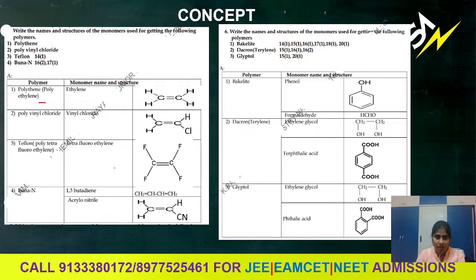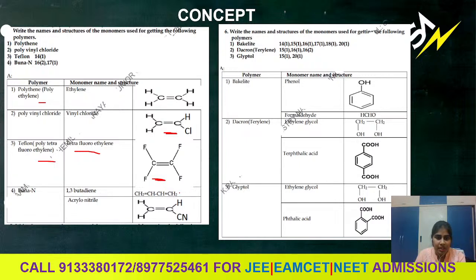Similarly, polyvinyl chloride, the monomer is vinyl chloride and the structure is in this way. And Teflon is polytetrafluoroethylene. The monomer is tetrafluoroethylene. Tetra means four fluorines are attached to the ethylene molecule. Next, we have Buna-N and Buna-S structures.